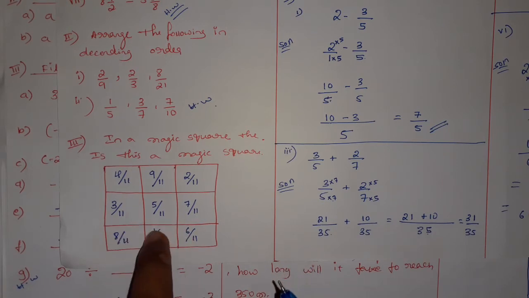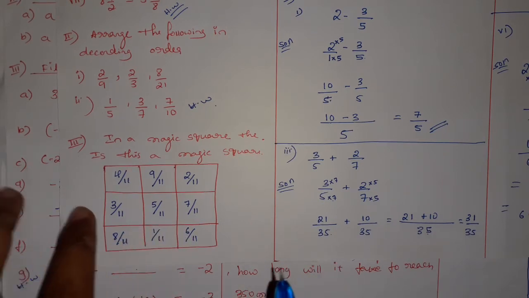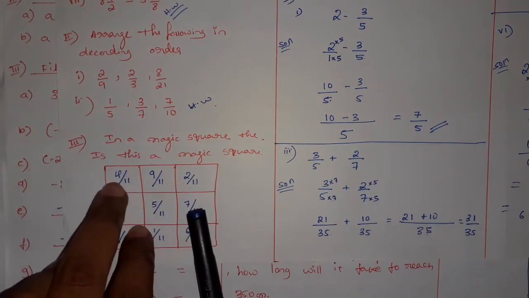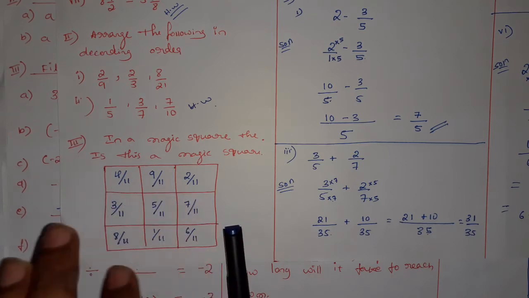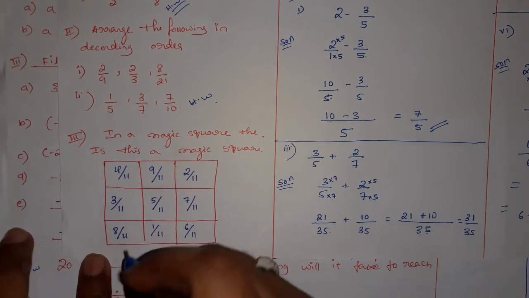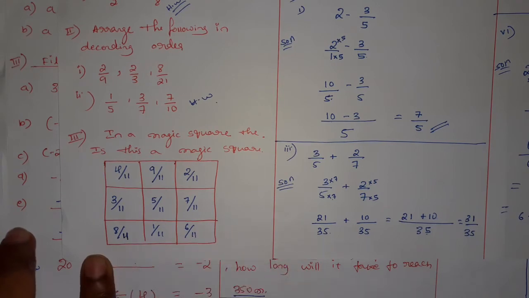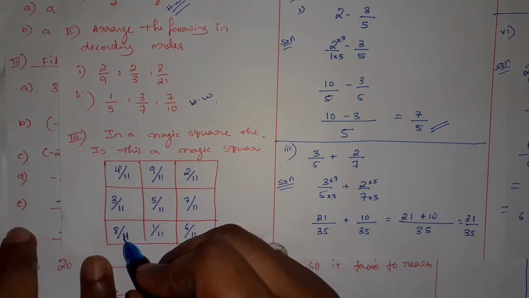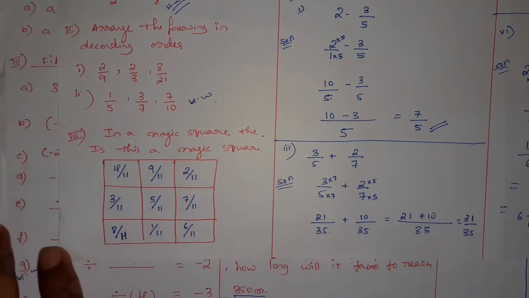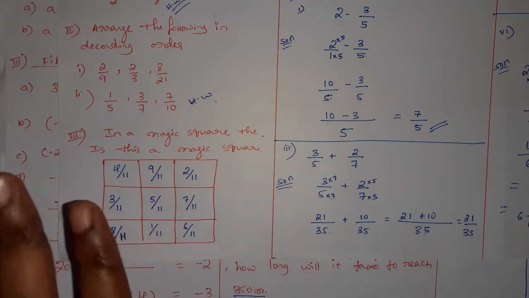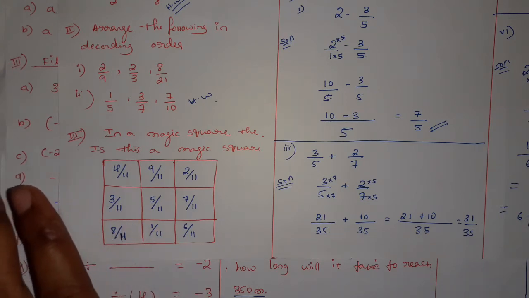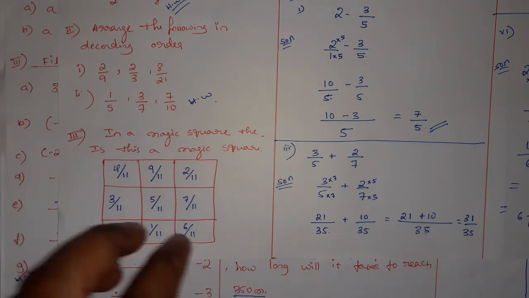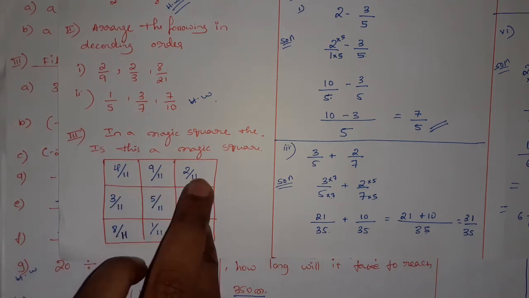You try this at home. I will show you one hint here. First row: 4 by 11, 9 by 11, and don't worry here, all fractions are like fractions. Every denominator is 11 only, so no need to worry about equating the denominators. 4 by 11 plus 9 by 11 plus 2 by 11.